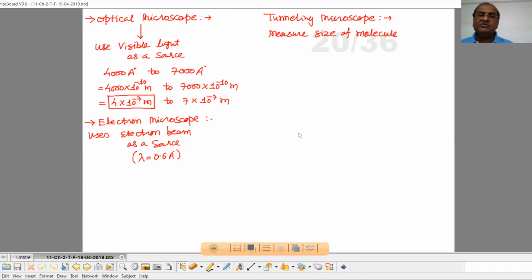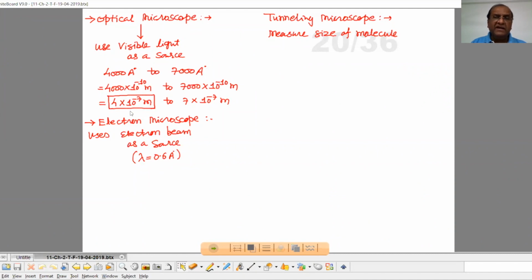Optical microscope uses visible light as a source. Now, visible light has a wavelength in the range 4000 angstrom to 7000 angstrom. 1 angstrom is 10 raised to minus 10 meter. So we can say the wavelength range for visible light is 4000 into 10 raised to minus 10 meter to 7000 into 10 raised to minus 10 meter.